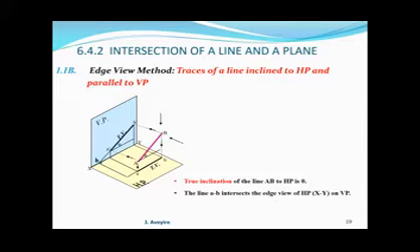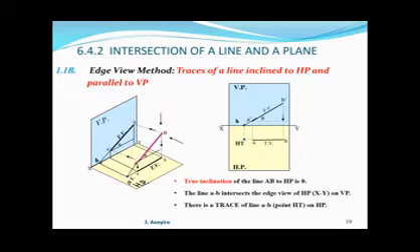We can confirm that by extending the true line, and it should come to that point. So that is HT, the horizontal trace of the line, which is a point here. So we have a trace of the line AB, but the trace is a horizontal trace.